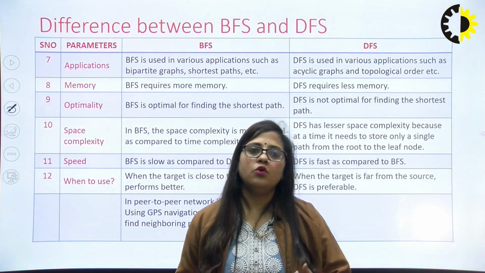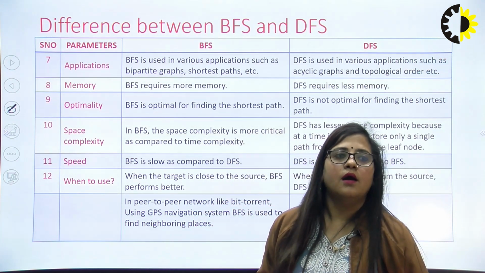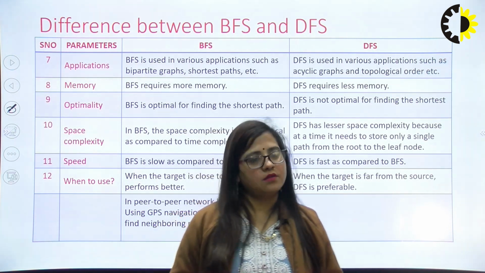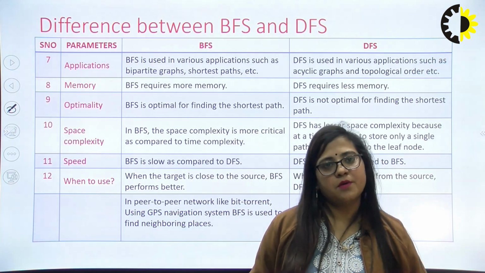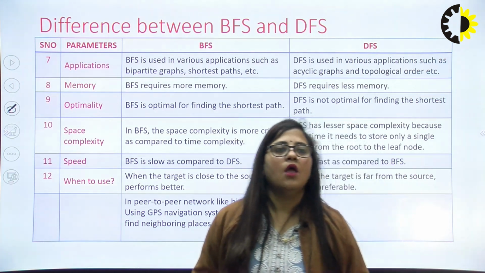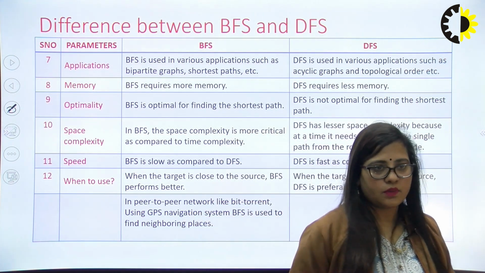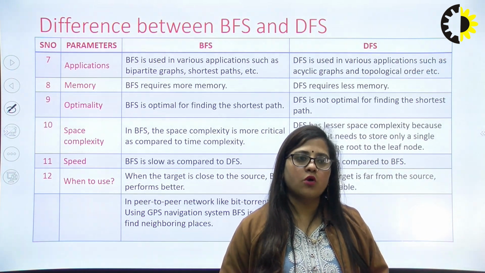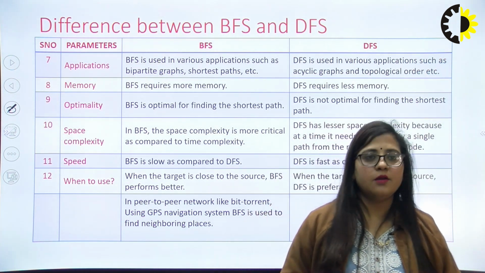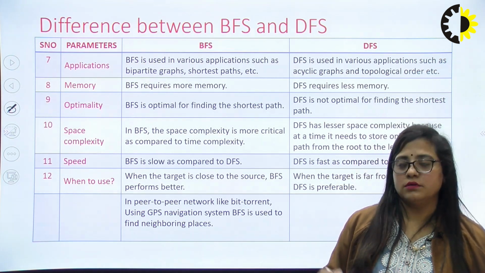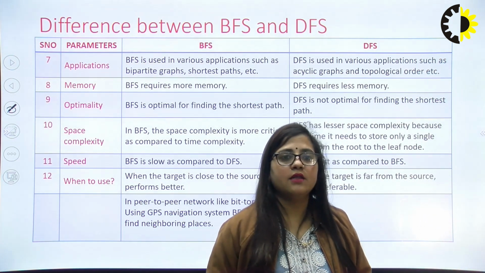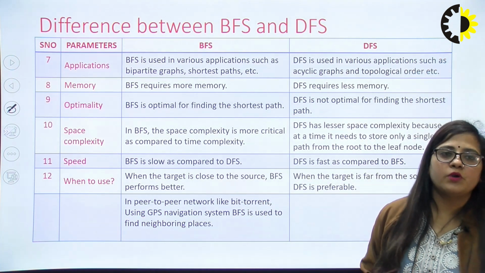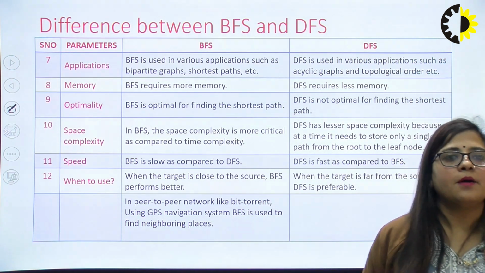In speed, BFS is slower compared to DFS, and DFS is faster. When the target is close to the source, BFS performs better, and in DFS, if the target is far away, DFS is preferable.